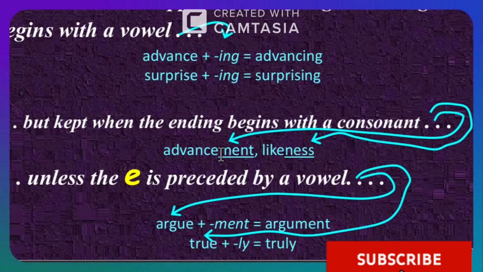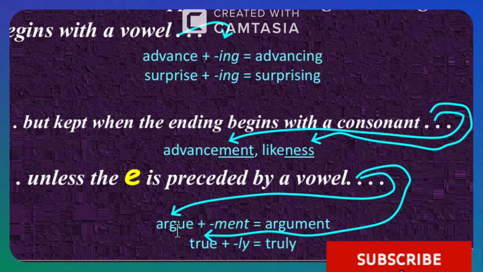Exactly, you keep the E letter there when you're adding your suffix. Advancement, kindness, likeness, okay? So unless the E is preceded by a vowel. If the E is preceded by a vowel, you have to drop that E.